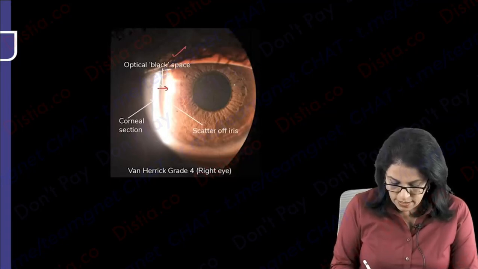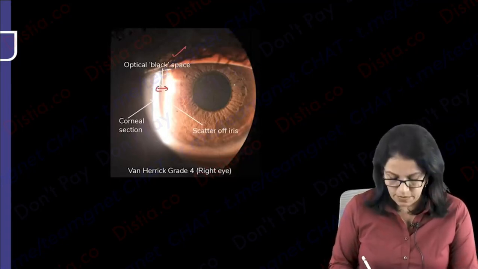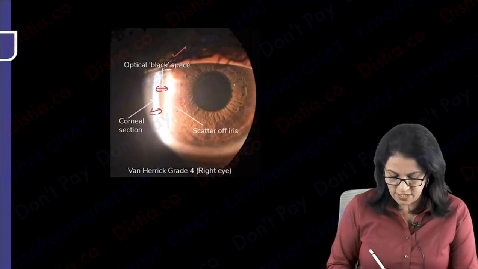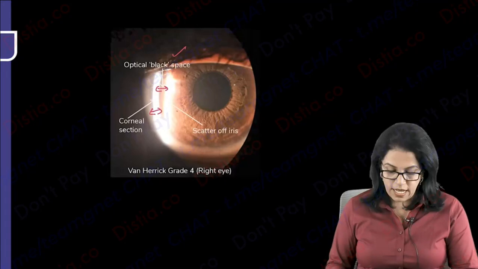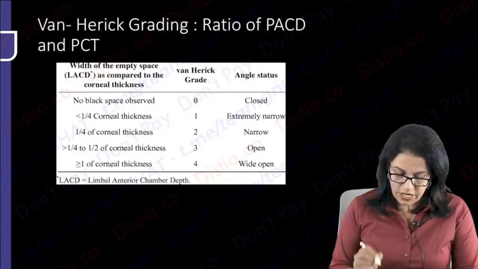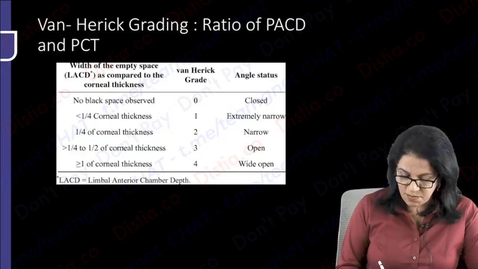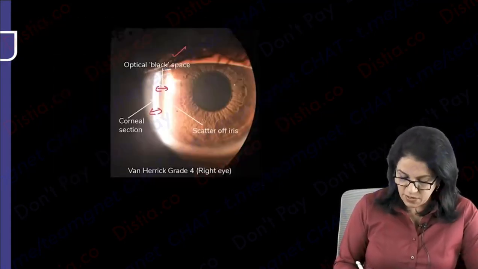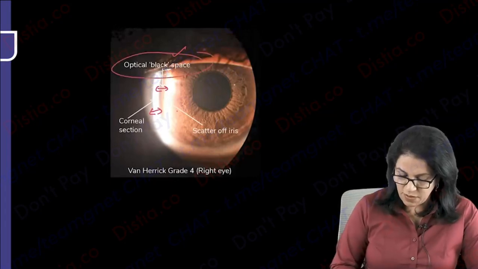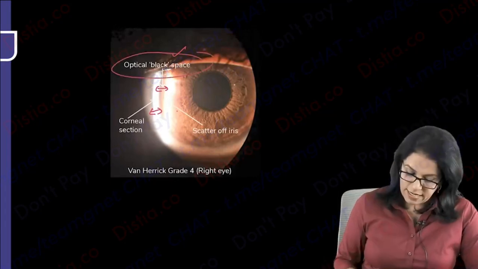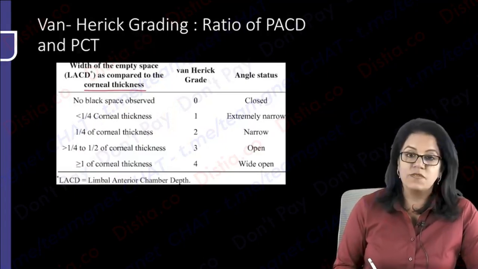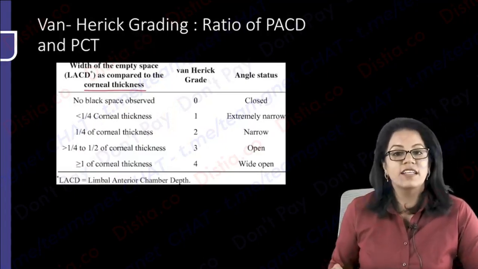So this is the anterior chamber depth and this is the corneal thickness, right? We are looking at the width of the empty space, the black optical space, as compared to the cornea. What is the ratio of that space to the corneal thickness?